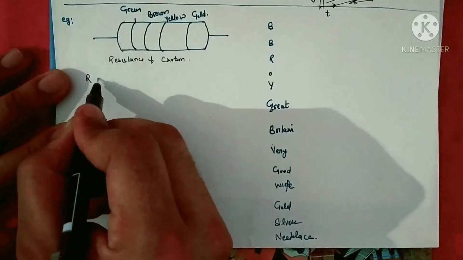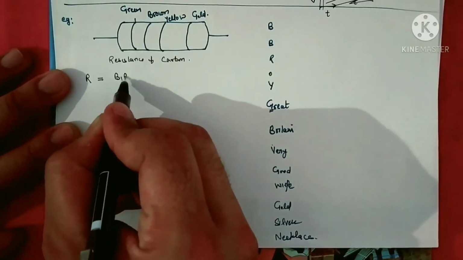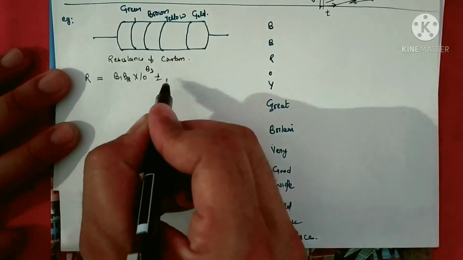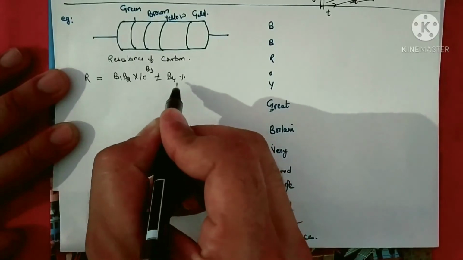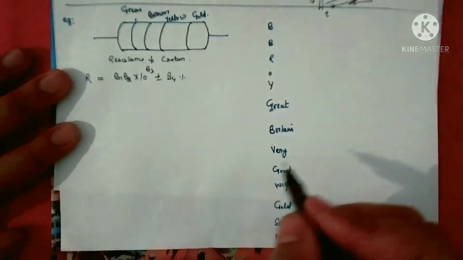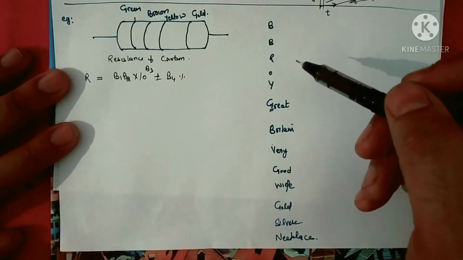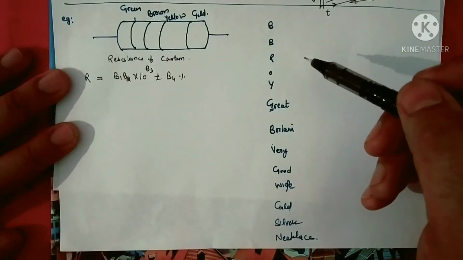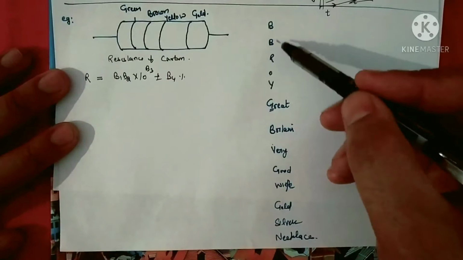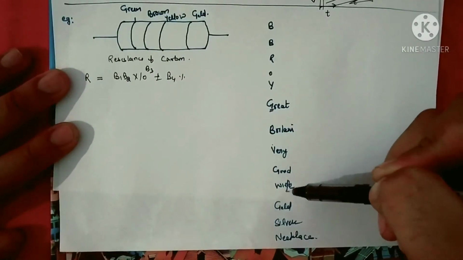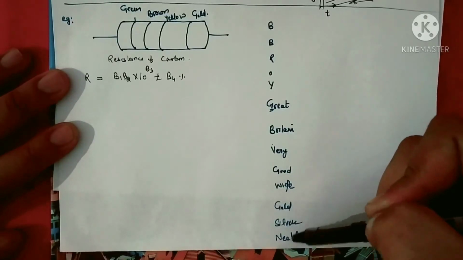So you know that the formula is B1 B2 into multiplier B3 plus minus B4%. This is the formula. So we know the sentence to remember to find the color coding of the carbon resistor, that is B.B. Roy of Great Britain has very good wife wearing gold silver necklace.